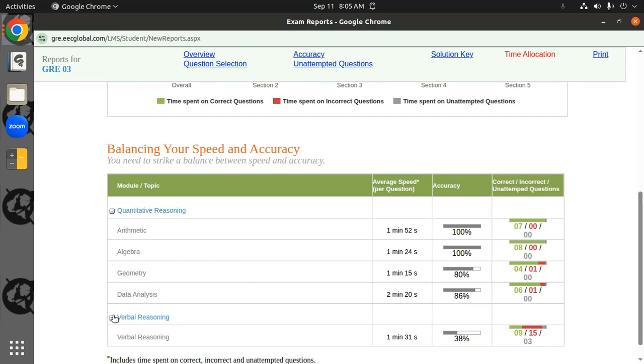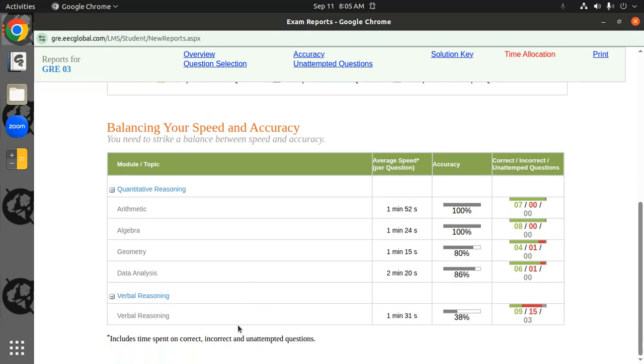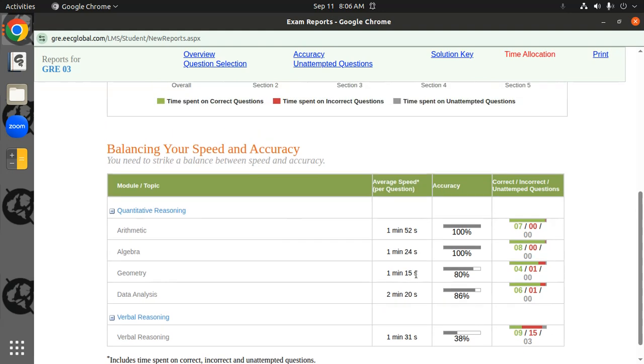For verbal reasoning, also it gives you overall accuracy. Average time that you have taken to answer one question is 1 minute 31 seconds for verbal, and for math, it is 1 minute and 15 seconds roughly. In some cases, it goes for 2 minutes and 20 seconds.